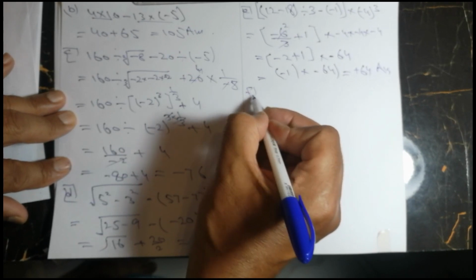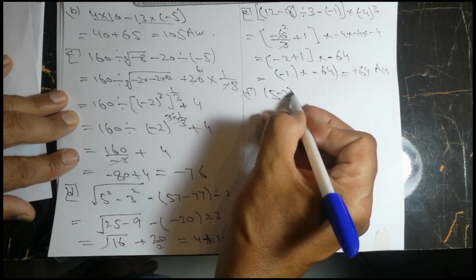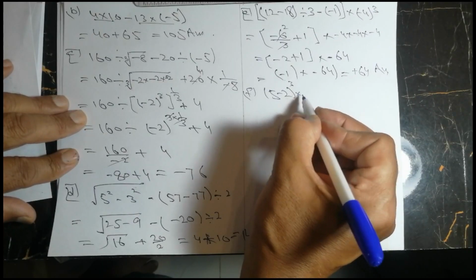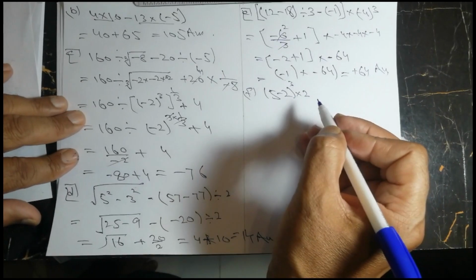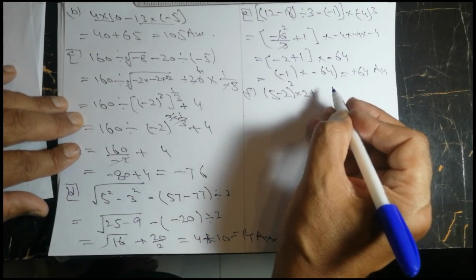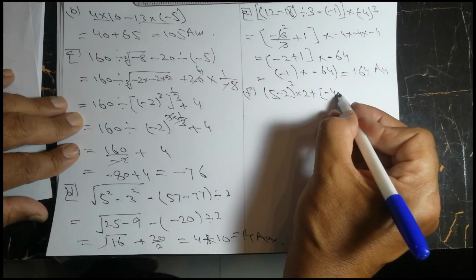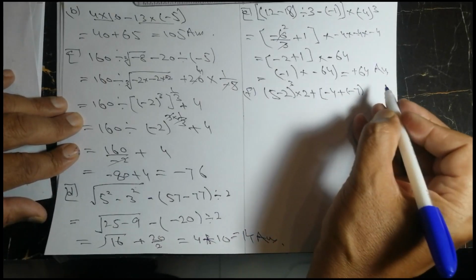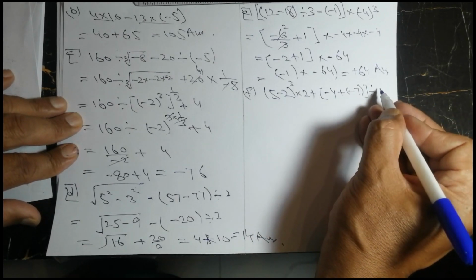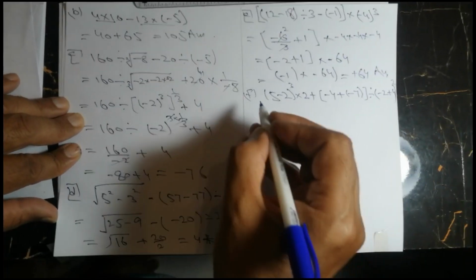Then the next part is 5 minus 2 cube, 5 minus 2 cube into 2 plus minus 4 plus minus 7, divided by minus 2 plus 4 square.